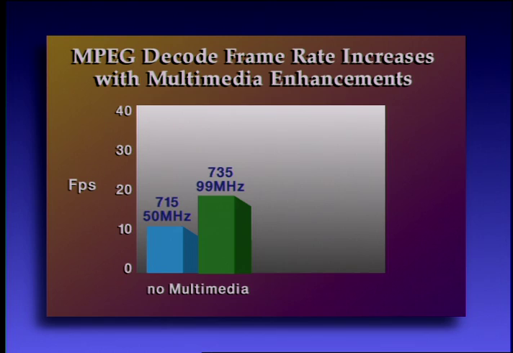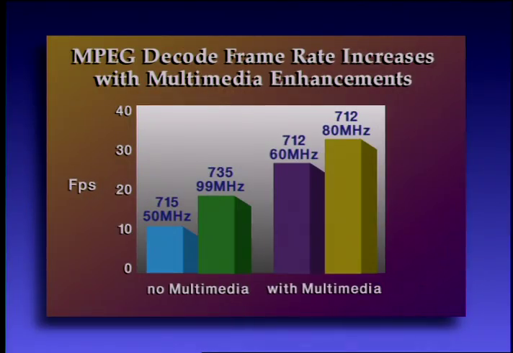The previous low-end platform running at 50 MHz attained 9.9 frames per second, whereas the previous high-end platform running at 99 MHz attained 18.7 frames per second. Now, these are respectable frame rates, but not real-time performance.